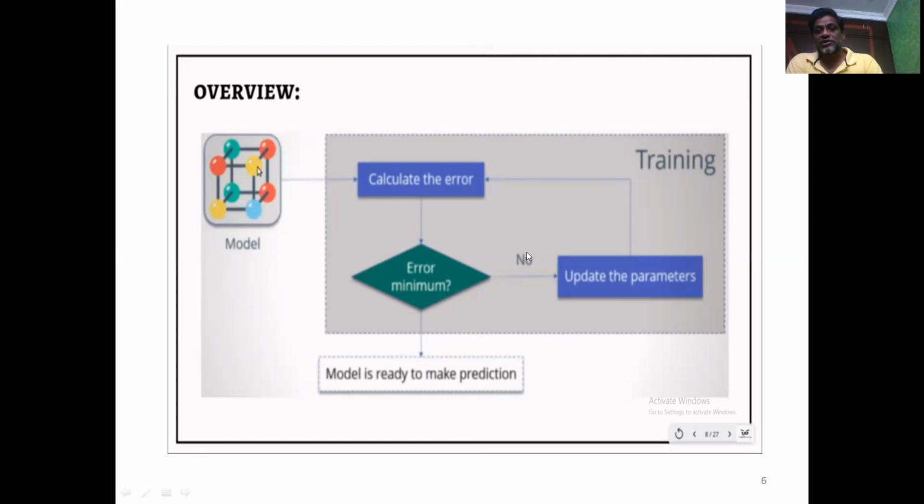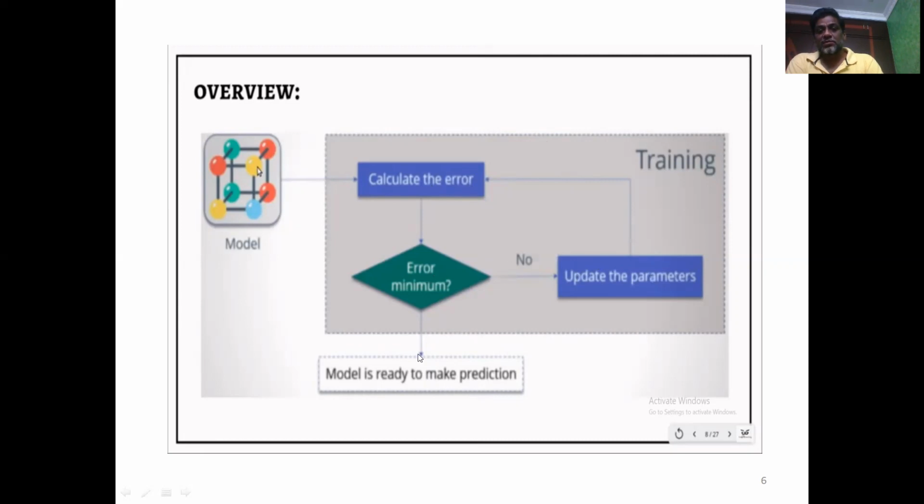This process of repeatedly calculating the error and updating the parameters is called the training process of the neural network.